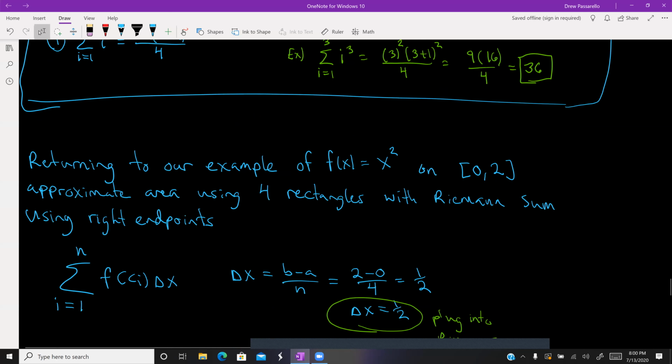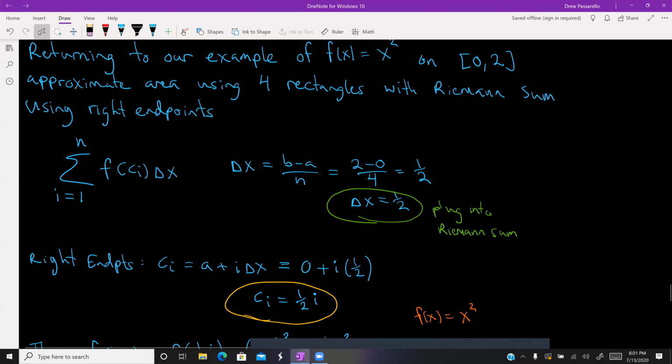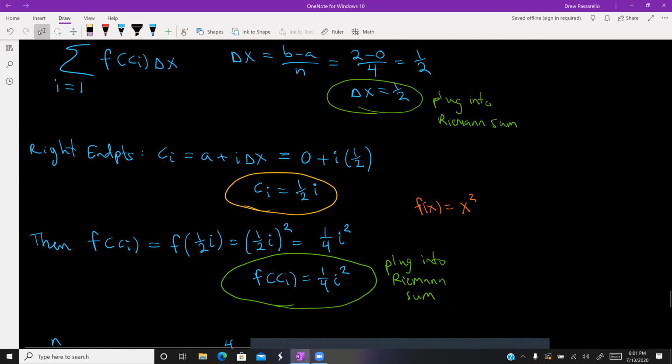So this is a general method of finding or approximating the area for some function using a Riemann sum. Most of the time I'll use right endpoints unless it tells you explicitly to use left endpoints or right endpoints. And then use the number of rectangles for n. So the first thing I do is find delta x, the width of the rectangles. After I get the width of the rectangles, then I find what the right endpoints are.